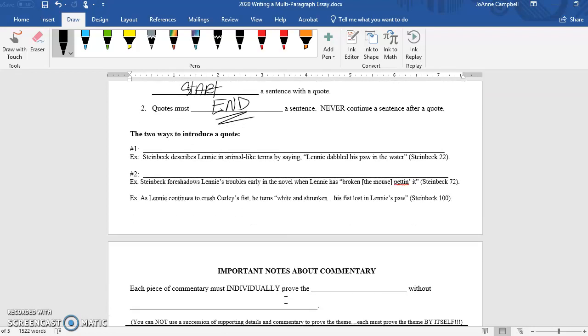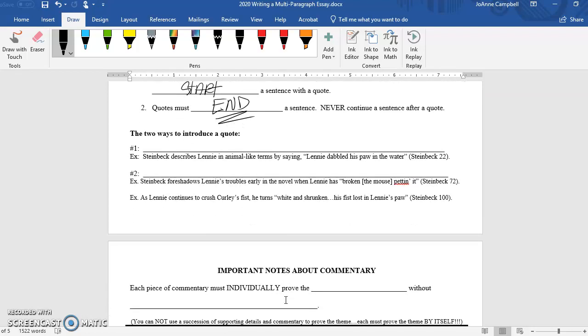And here are the 2 ways that you can introduce a quote. The first way is the easiest. The second way is what I want you to aim for. It's a little bit more difficult, but it sounds better. So the first way is to explain what the quote is about to say.